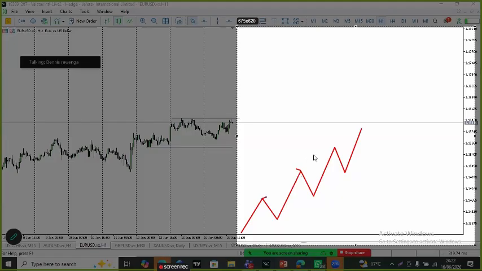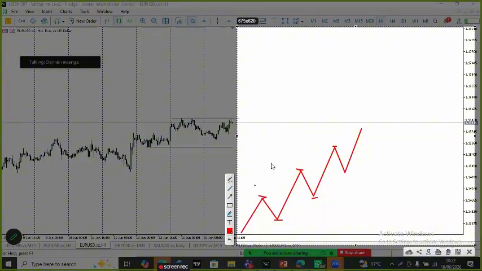Those peaks, that's what you're calling a higher high, because it's a swing high. Price swung higher, and that high is higher than the previous swing high. This low is higher than the previous low. So you can imagine it as a series of ascending peaks and ascending troughs or valleys, whichever way you would want to call it. So that is the ideal bullish structure.